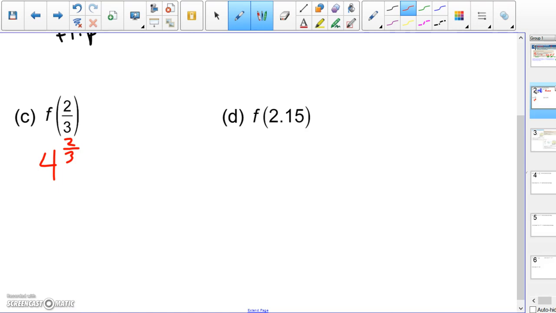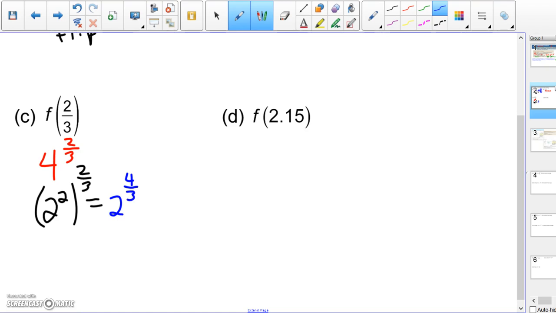A lot of the times what we want to do is change our base 4 into a power of primes. So if you change 4 into 2 squared, you have 2 squared to the 2/3 power, which by power of powers, we multiply the exponents and we'd have 2 to the 4/3 power.